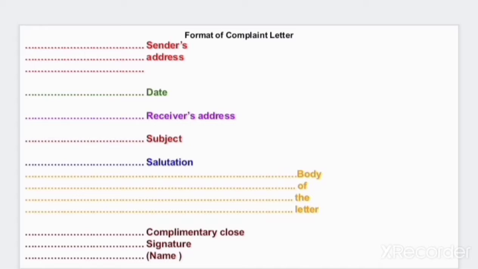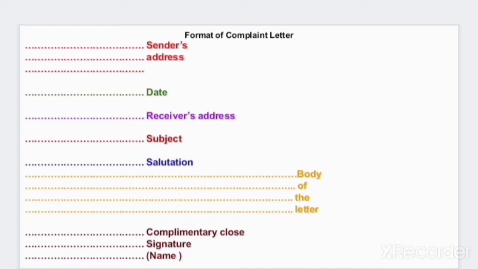What do you write? The municipality commissioner. There is no address. Where? If it is not given, you have to write your own. You have to imagine some address and it should be complete, like the name of the place, the name of the city and then the state.